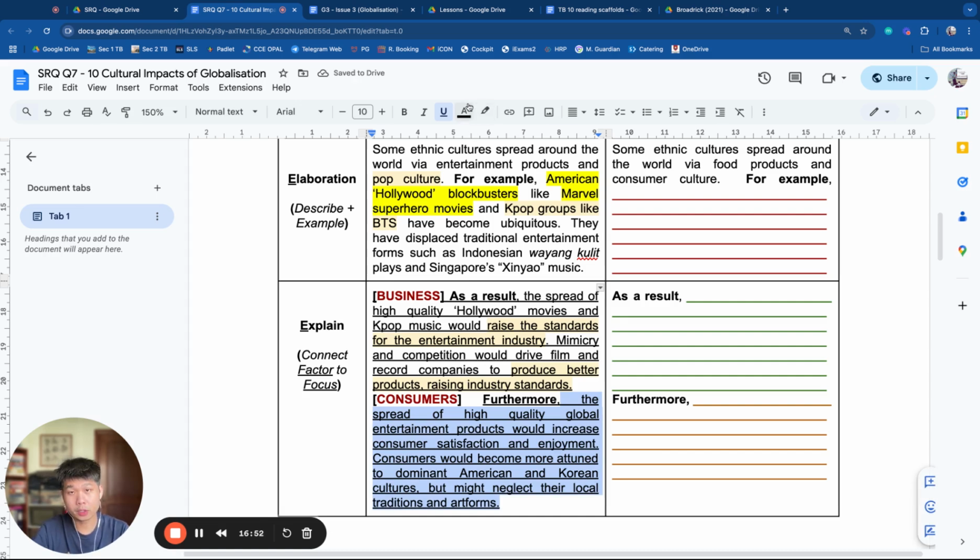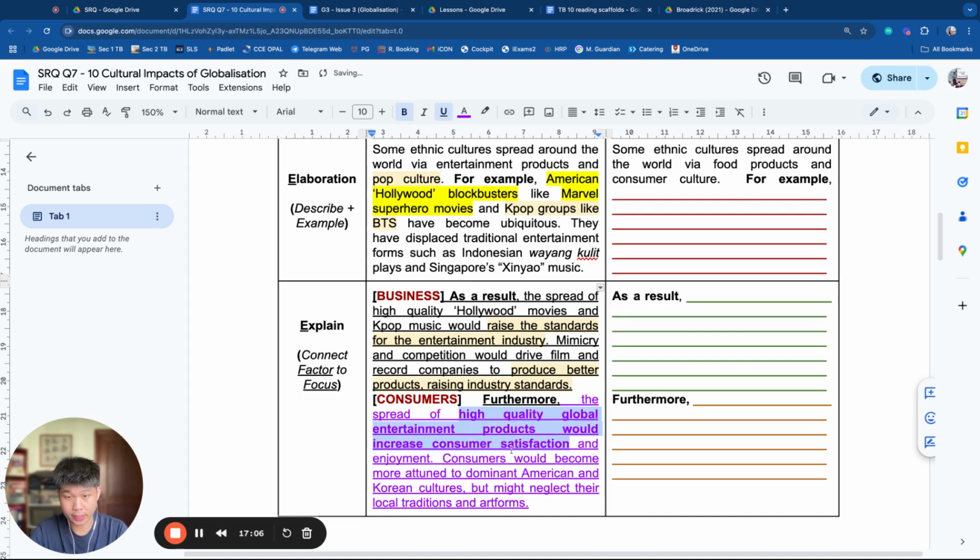And I think this would be a good second argument because it taps on the examples you have here about the Korean BTS groups and the American Hollywood blockbuster Marvel movies. So that's where there's a high quality product that increases the satisfaction. But you also mentioned that they have displaced traditional entertainment forms like Indonesian wayang kulit and Singapore's Sin Yao music.